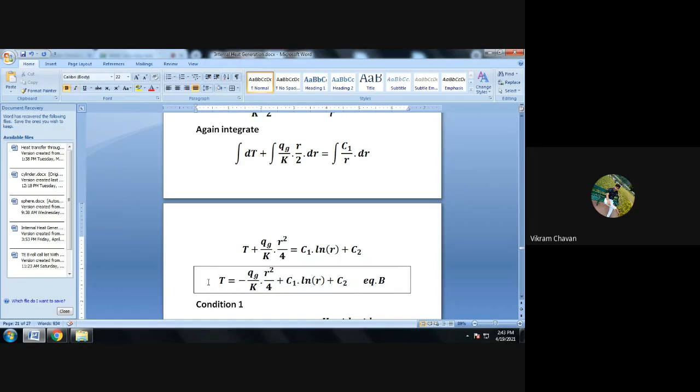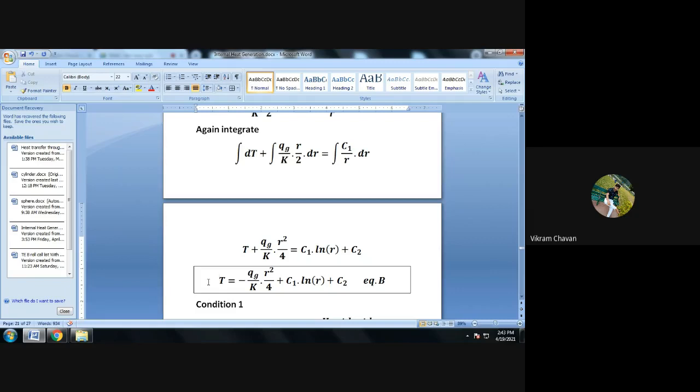From this particular point, the derivation is somewhat different than the wall case derivation. Up till now it is a similar kind of derivation as that of a wall. Only the variables are changed. Instead of x thickness, here the radius is introduced, and the area is different in case of a cylinder.